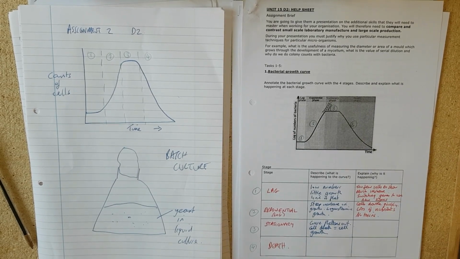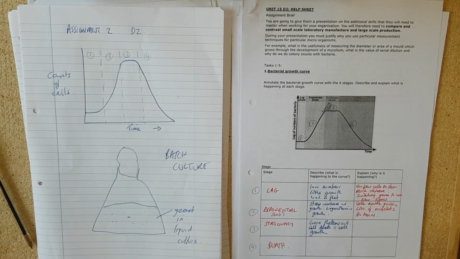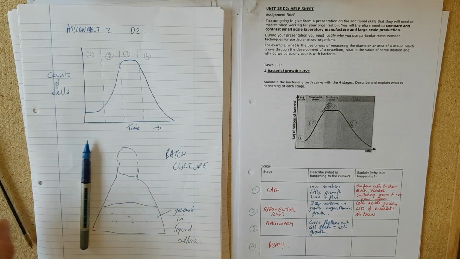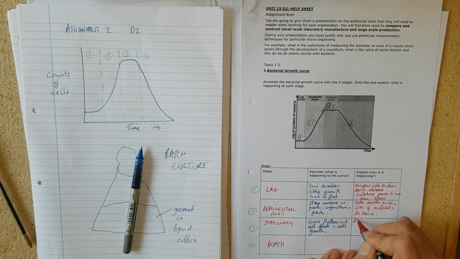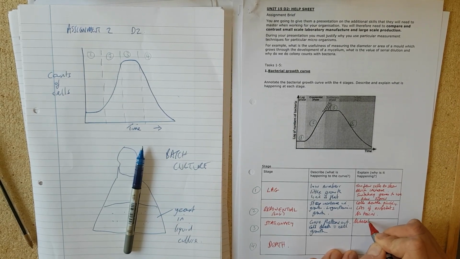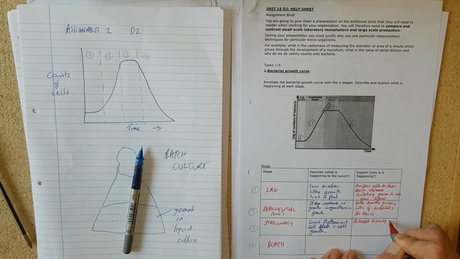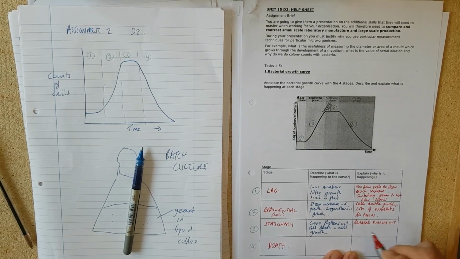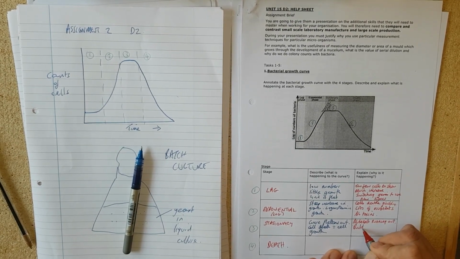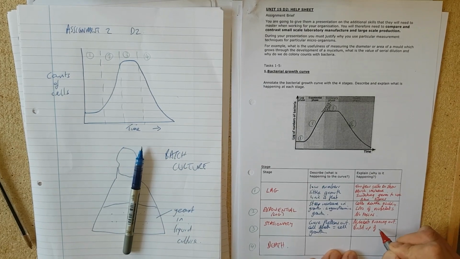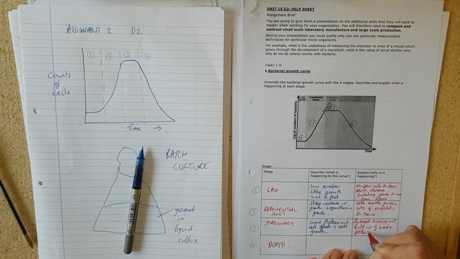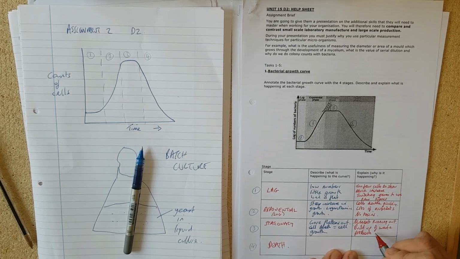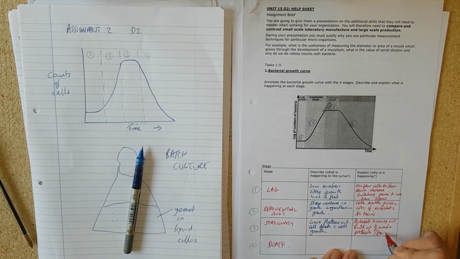So there are some new cells being made, but some cells are dying as well. The explanation for this is nutrients are running out, and there's a build up of waste products, or perhaps even toxins.